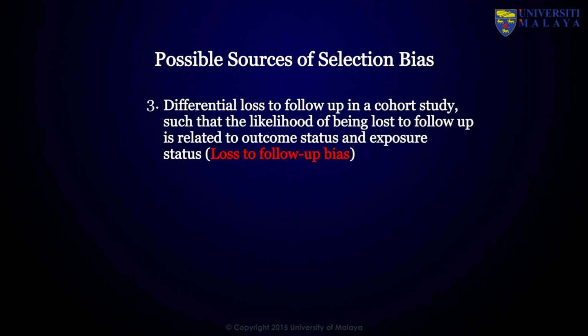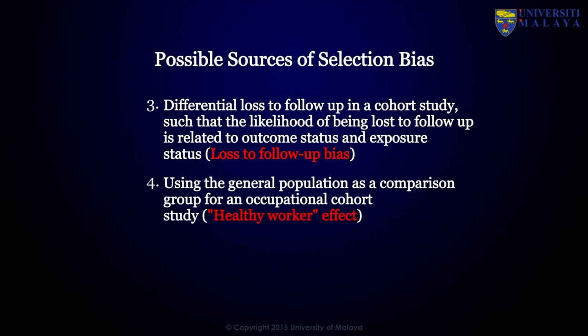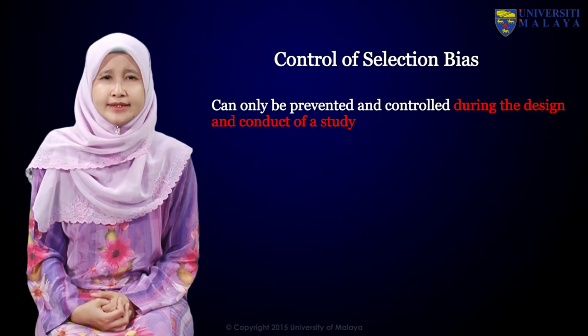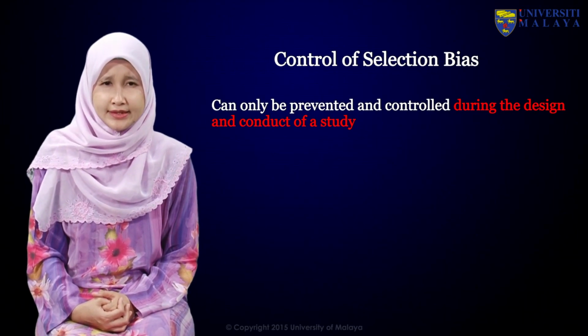Number 3, differential loss to follow-up in a cohort study, such that the likelihood of being lost to follow-up is related to outcome status and exposure status, or loss to follow-up bias. Number 4, using the general population as a comparison group for an occupational cohort study, or healthy worker effect. And number 5, differential referral or diagnosis of subjects. Selection bias can only be prevented and controlled during the design and conduct of a study.